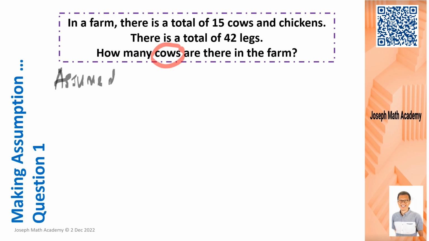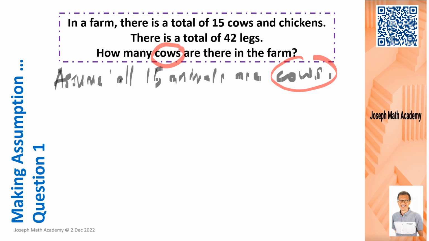So assumption statement: assume all 15 animals are cows. Let's say I've forgotten and never assumed the opposite. So I assume all are cows, not the opposite.